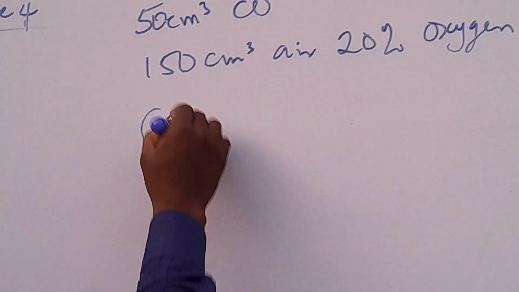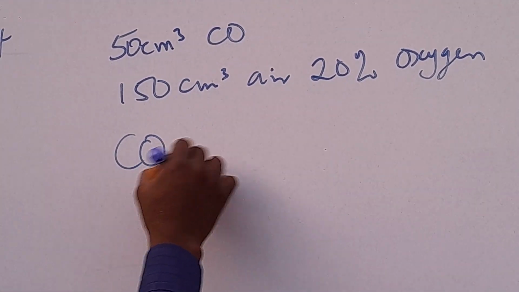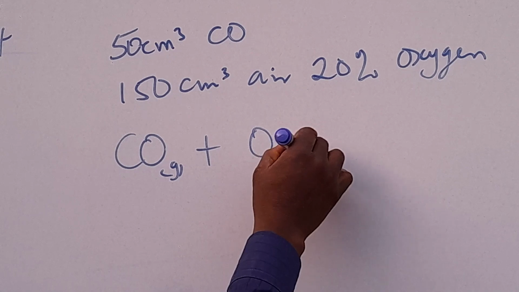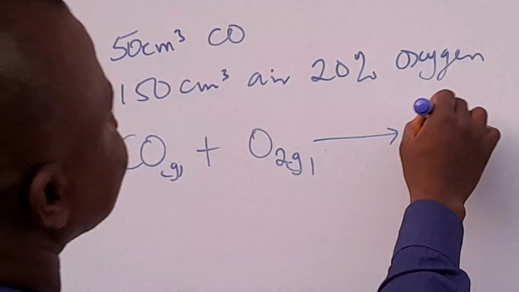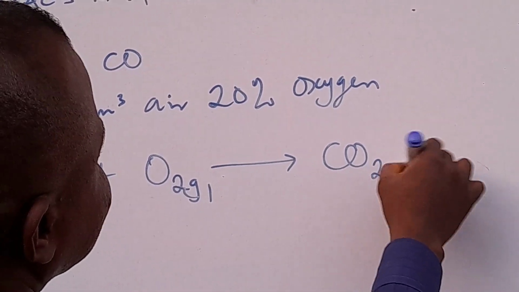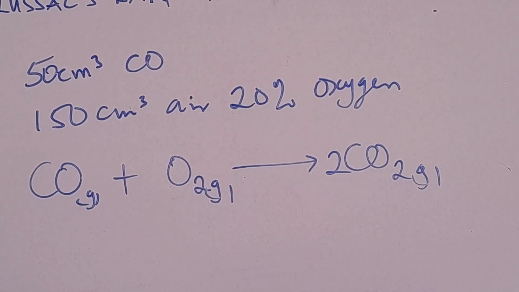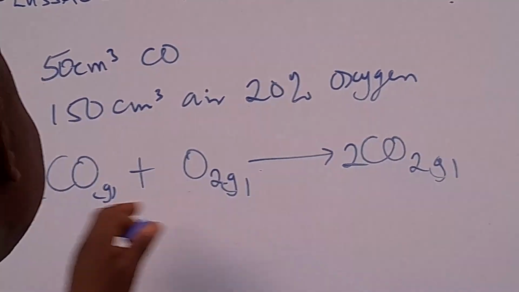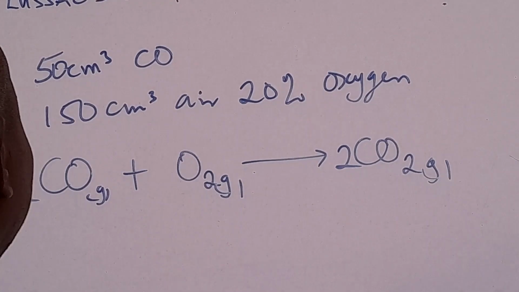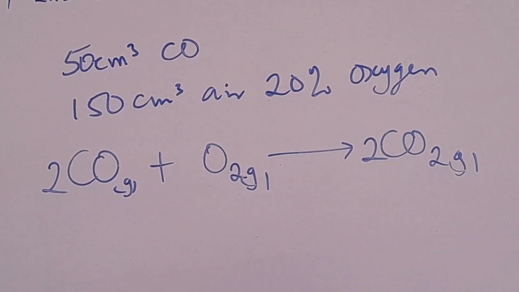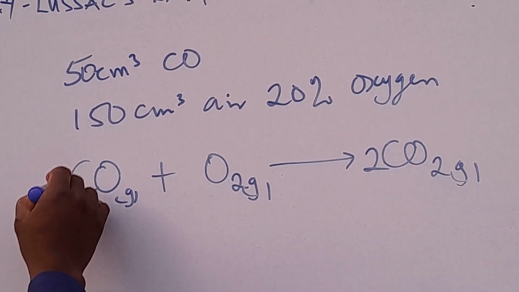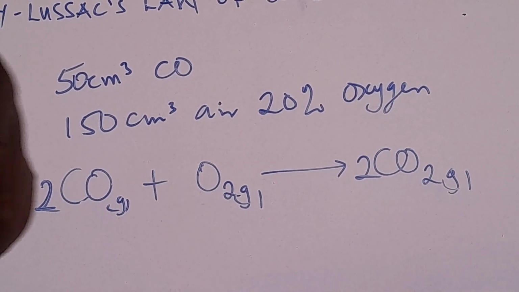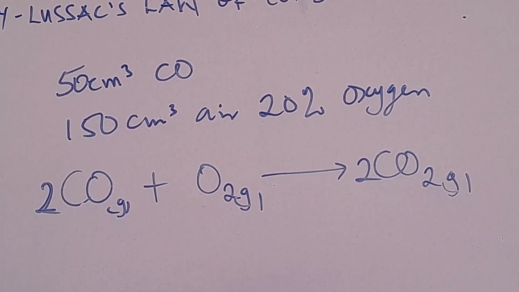So you have your carbon monoxide in a gaseous state plus oxygen gas to give you carbon 4 oxide. So let's balance our reaction. So 2 carbon, 4 oxygen, and 4 oxygen. This reaction is chemically balanced, obeying the law of conservation of mass or matter.